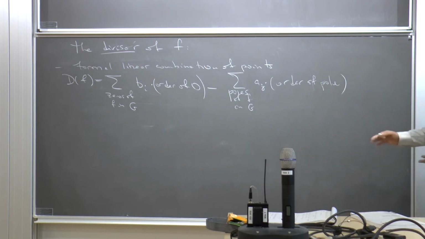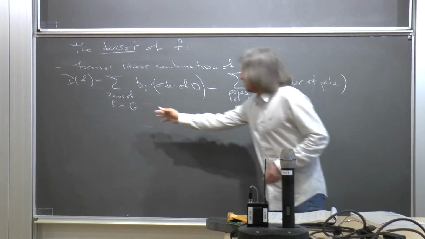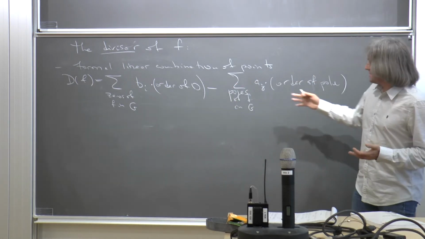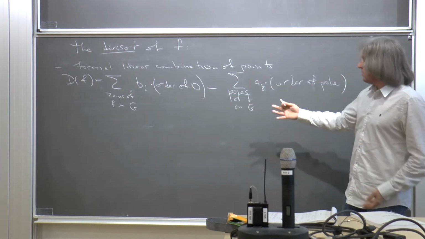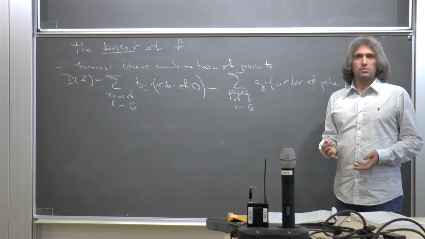It's your choice to consider this as a combination of all points from G or just what I wrote, because if a point is neither a zero nor a pole, the order will be 0, so this point will just disappear.